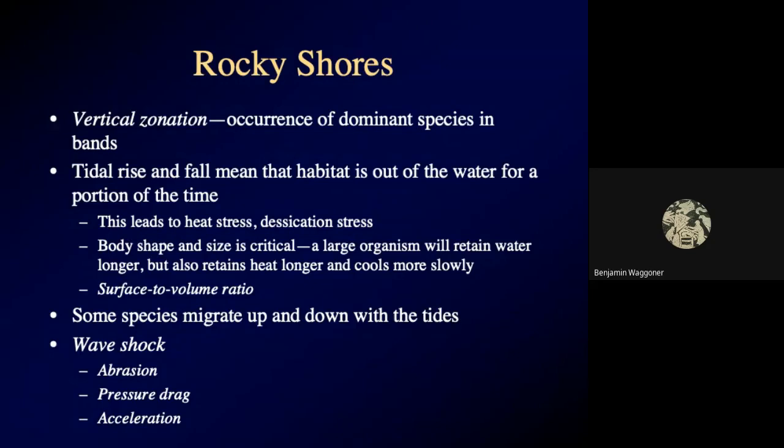And if you're on a rocky shore, you're not only subject to being out of the water for part of the time, you're also often getting hit by waves. How much depends on where you are, but there are some rocky coastlines where the waves just absolutely pound you on a regular basis. You can be subject to abrasion because waves can pick up sand and throw it at you. And so organisms on rocky coastlines are often subject to getting worn away.